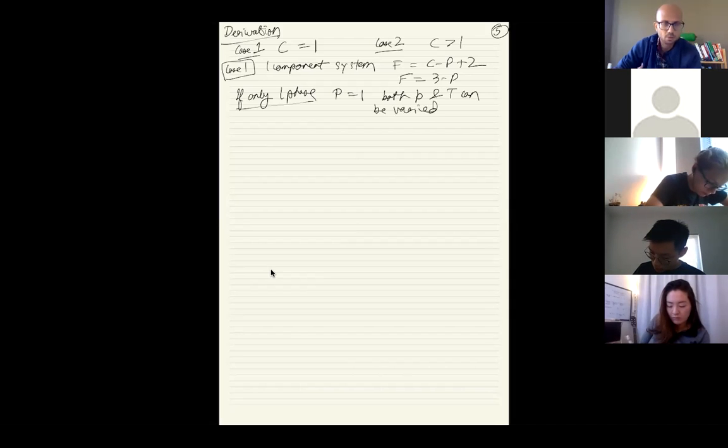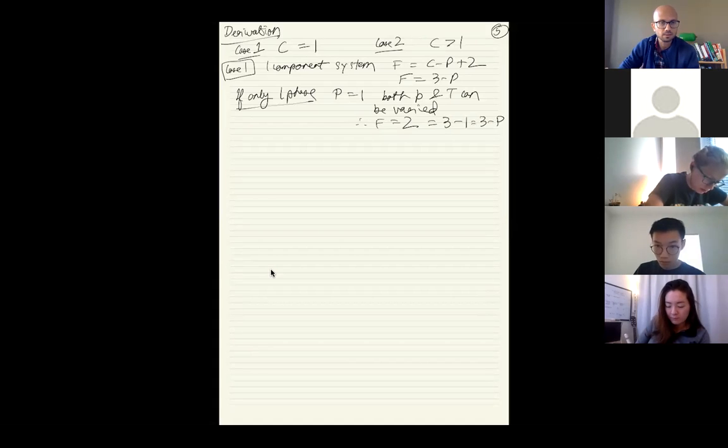Because nothing's stopping you. You have water, one phase water, you can vary the pressure, you can vary the temperature, as simple as that. Therefore, F is indeed equal to 2, which is 3 minus 1, or 3 minus P. So for one phase, it's trivially true. We didn't do anything. I just wrote down what it is.